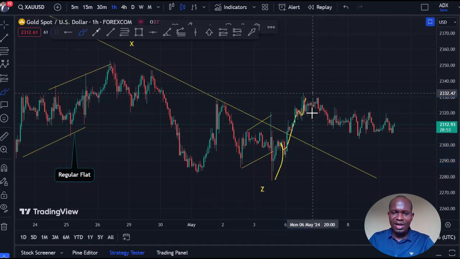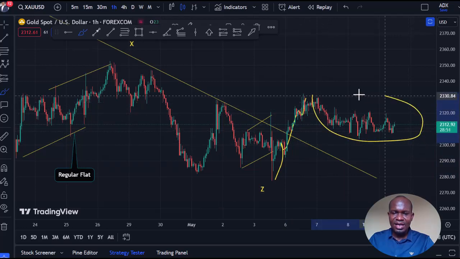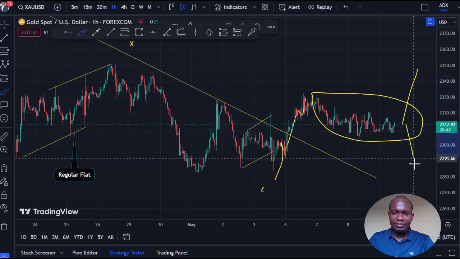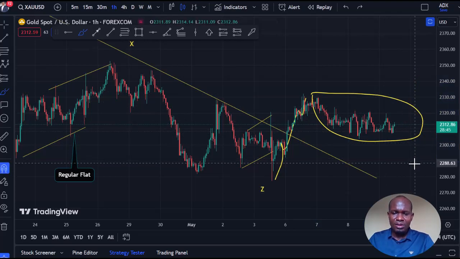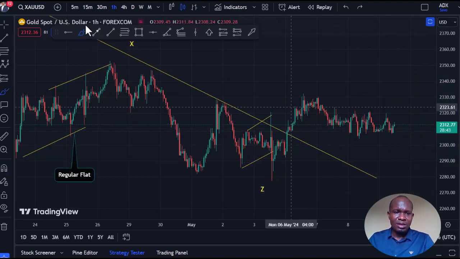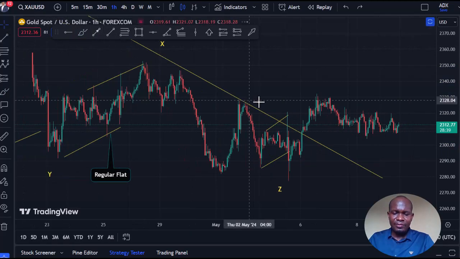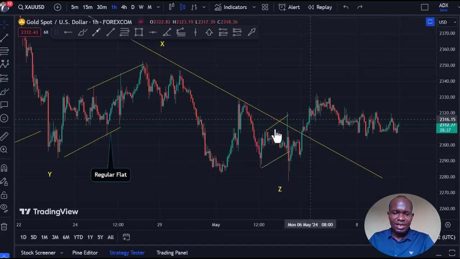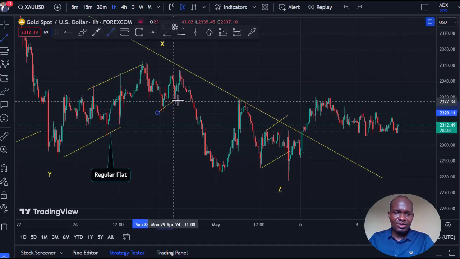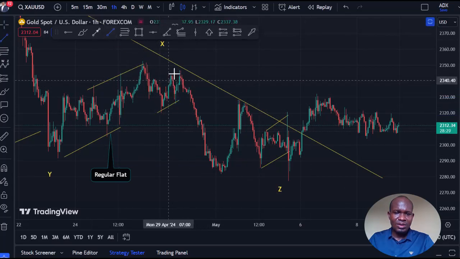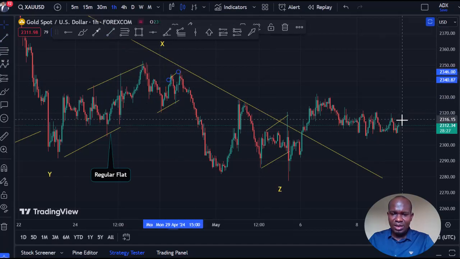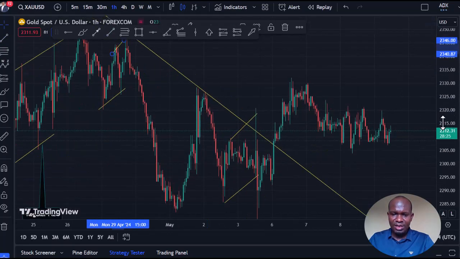So let's see how we can demystify this and see if it's ready to move up or move down. From the 1 hour chart we have a regular flat here. We also have a regular flat here too. Okay, so let's come to this place.